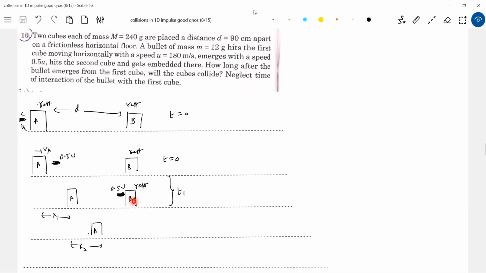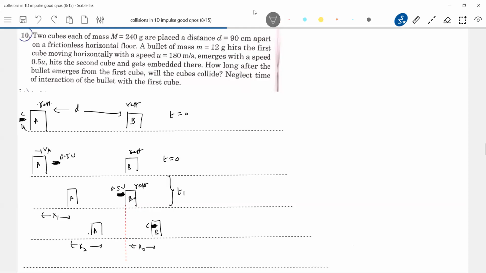Together they move, and finally the bullet gets embedded, and they cover some distance together, which I'll call x naught. So the motion of the bullet and block B while the bullet is moving inside is accelerated motion. This was the sequence that takes place here.